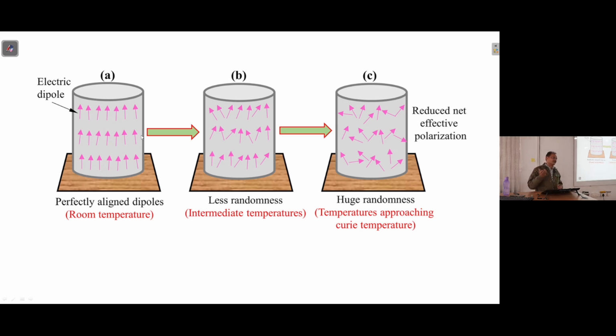As the temperature increases, this randomness continues to increase, and finally the Curie temperature is the location where it becomes more or less completely random. Then, since this polarization is lost, the piezoelectric effect is completely lost at this temperature. So that is the reason that as we keep increasing the temperature, this higher randomness causes a weaker signal at higher temperatures. Okay.